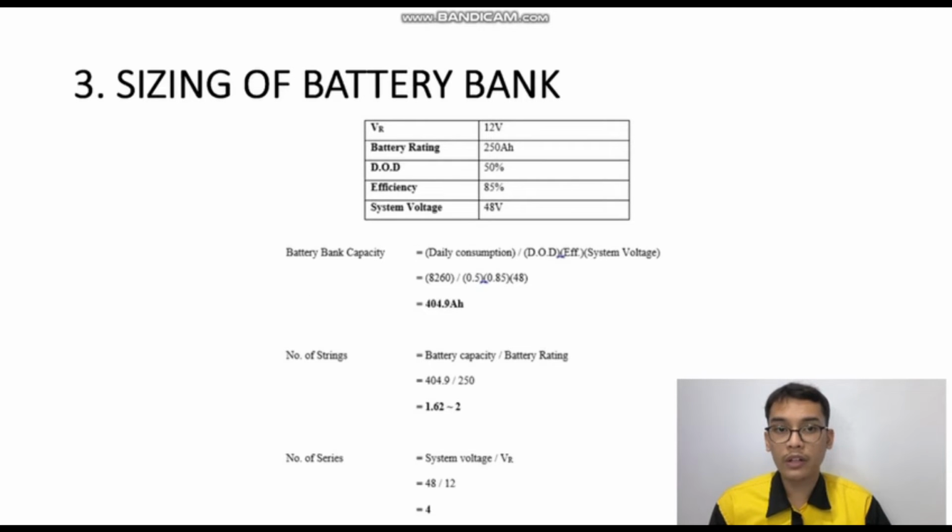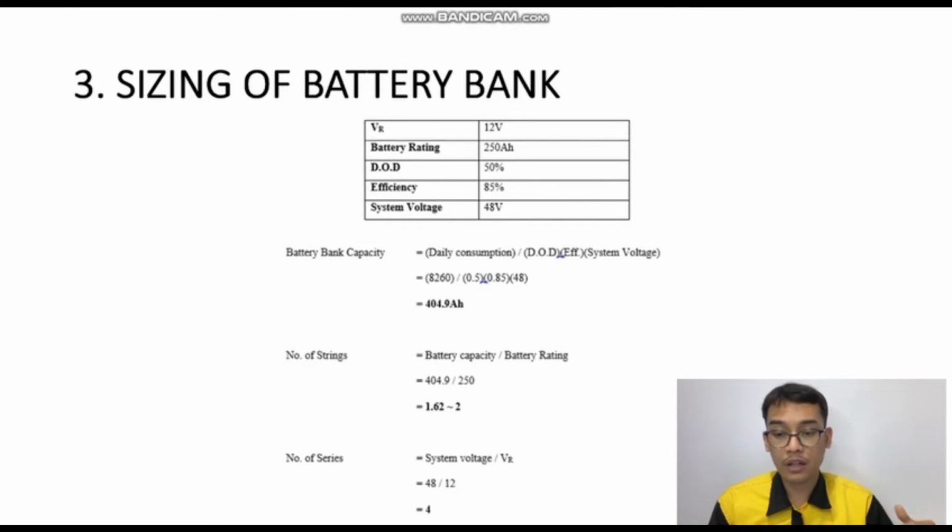Now, for the battery bank, we choose a 12 volt, 215 AH, 15% DOD, and with efficiency of 85%. For our system voltage, we use 48 volt because our power consumption has exceeded the limit, so we must use a 48 volt system voltage.